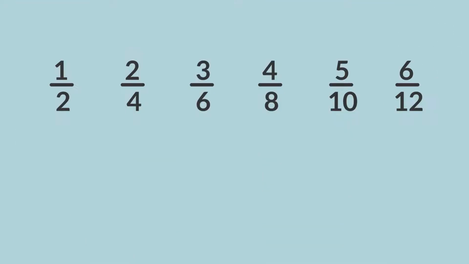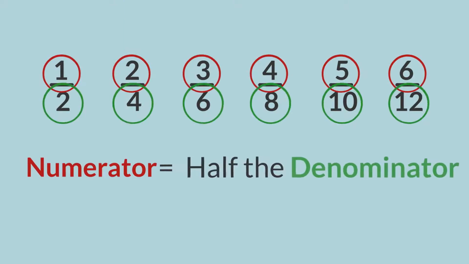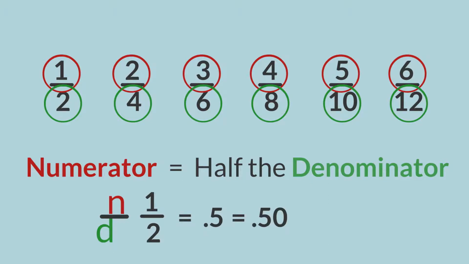In all these examples, the top number, or numerator, is half the bottom number, or denominator. In all these examples, the top number divided by the bottom number equals 0.5, or 0.50, or 50%.